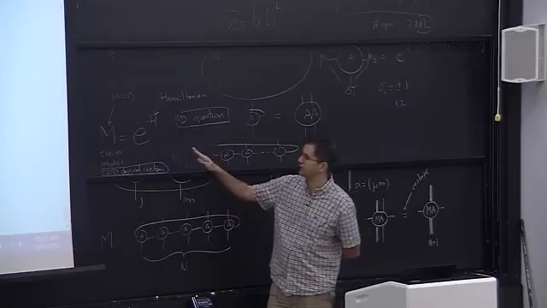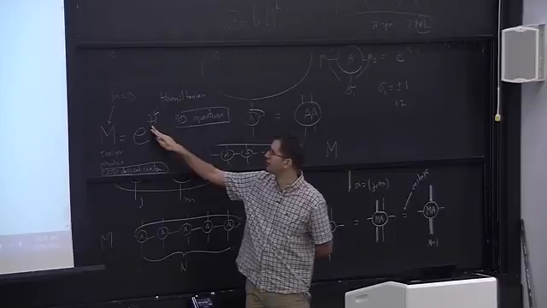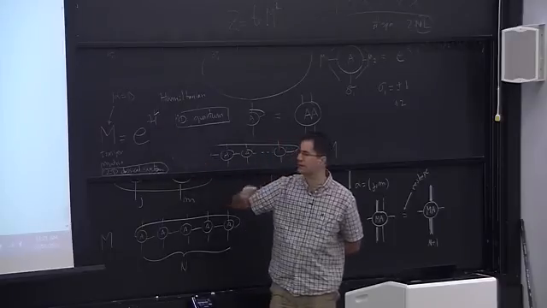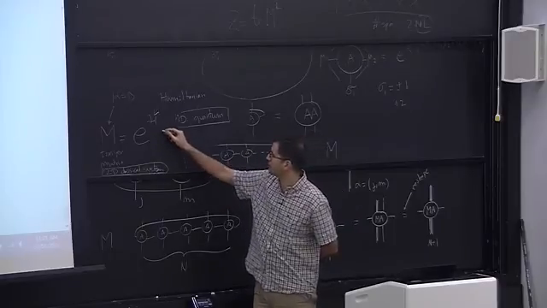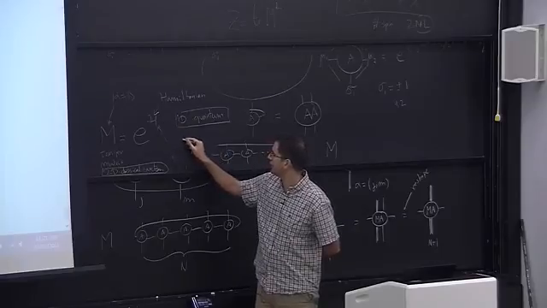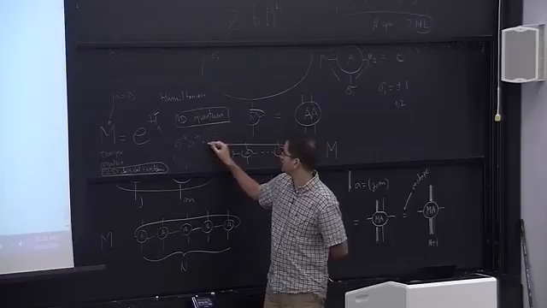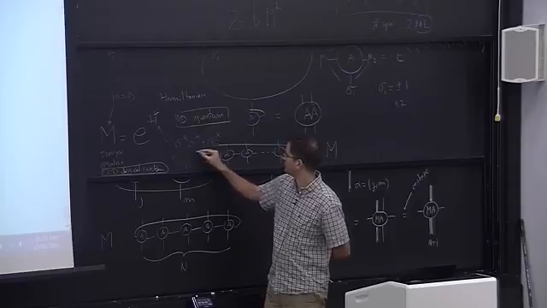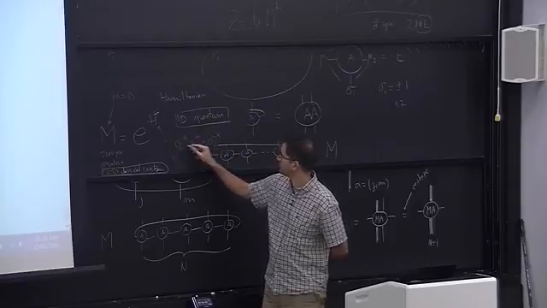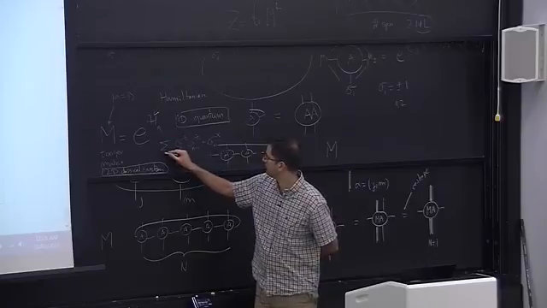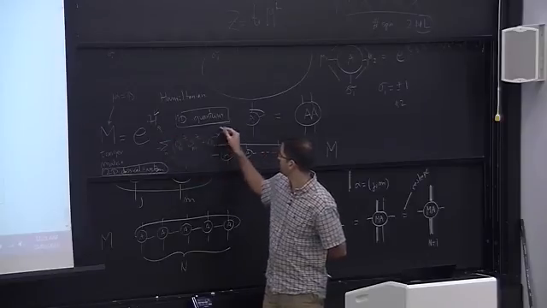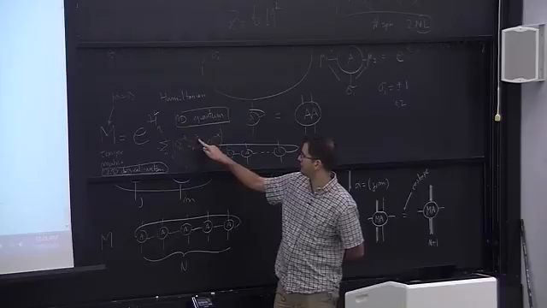The comparison only works if you rotate the basis, so the Hamiltonian that you have to put here is sigma z plus sigma x. Okay, so I've changed the z's and the x's.